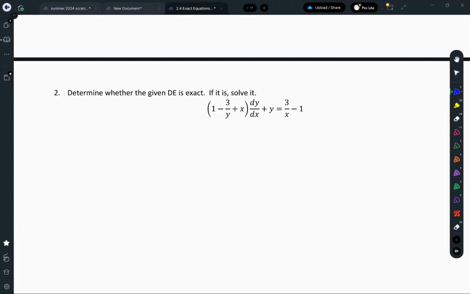So the very first thing we have to do is split up the dx from the dy, but also all those terms, I've got a plus y is equal to 3 over x minus a 1. I want those all together, okay? So maybe I'm going to move over the 3 over x and the minus 1 first. So when I rewrite, I want to get into differential form.